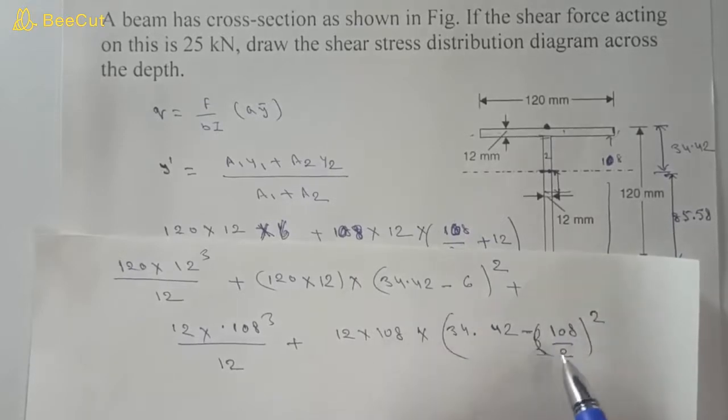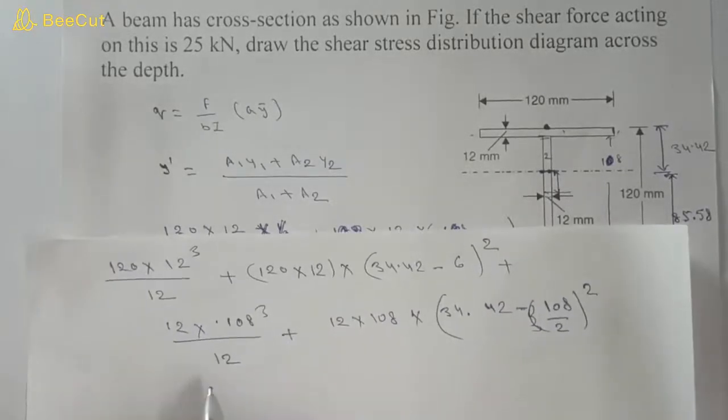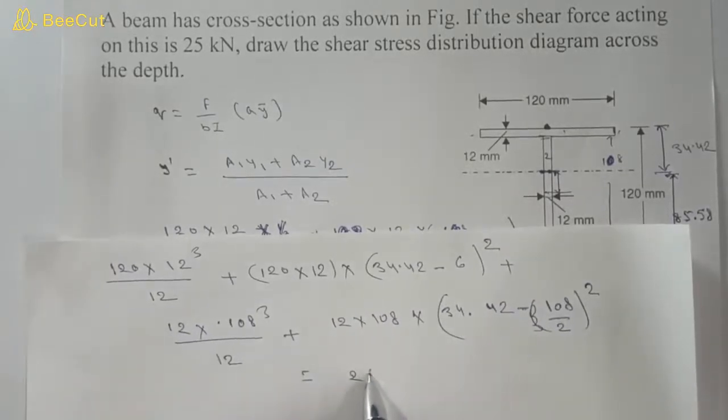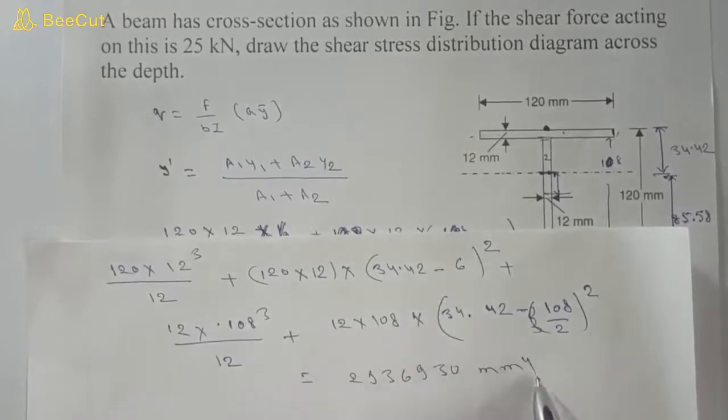Sorry, like that. If you calculate this on the calculator, then you will get 2936930 mm to the power 4.